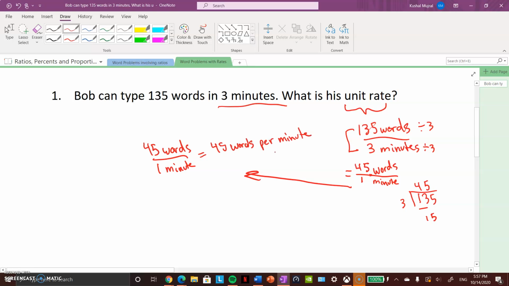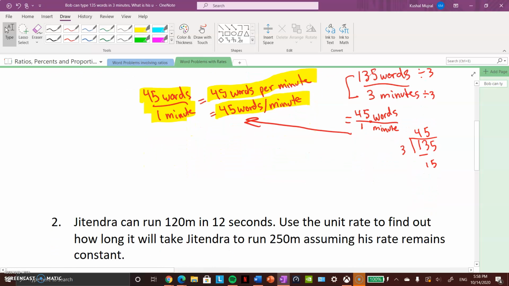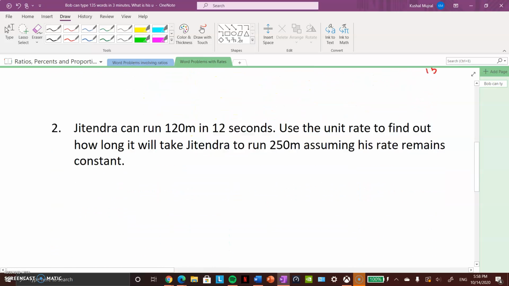Or you could also write 45 words per minute with a slash. Okay? So these are the 3 ways that you can write it. You can either say 45 words divided by 1 minute, you can say 45 words per minute, or you can write 45 words slash minute. Okay, so those are the 3 notations that you could use.